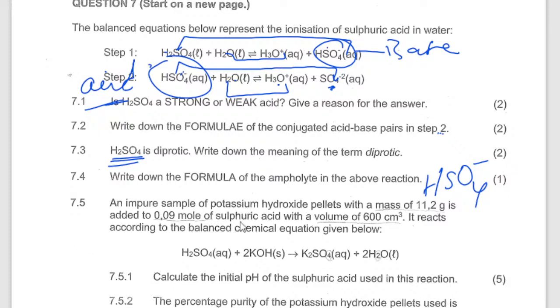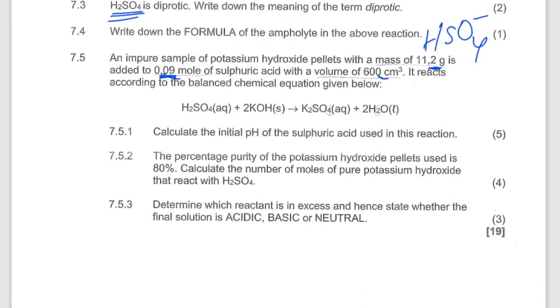Then we go to the next question, saying that an impure sample of potassium hydroxide pellets with a mass of this is added to this many moles of sulfuric acid with a volume of this. It reacts according to the balanced chemical equation given below. Okay. Calculate.